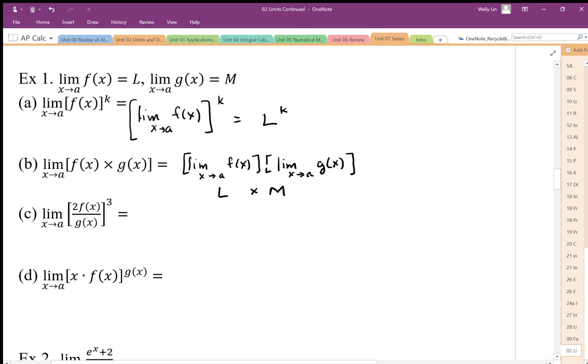Here we can separate all these parts out, so we can do 2 times the limit as x goes to a of f of x divided by the limit as x goes to a of g of x, and then we can apply the power after the fact. Okay, so let me just move this over.